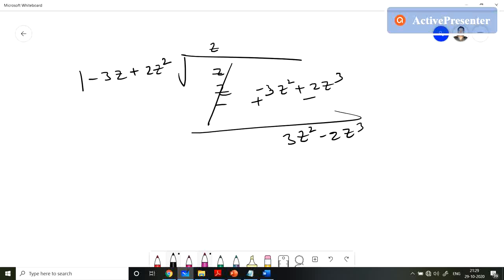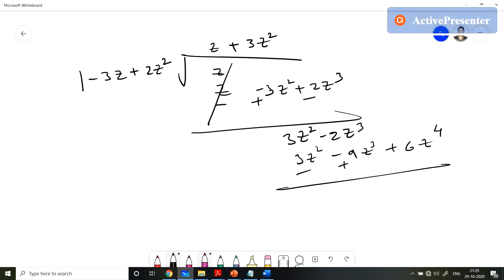Then we multiply by 3z square, so we have 3z square minus 9z cube plus 6z raised to the power 4. Then we have 7z cube minus 6z raised to the power 4, and this process will continue.